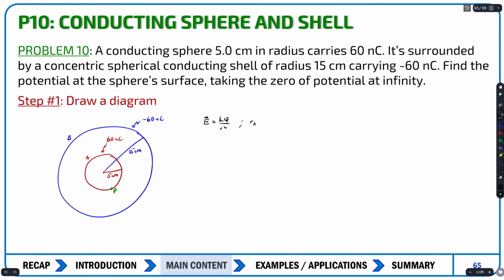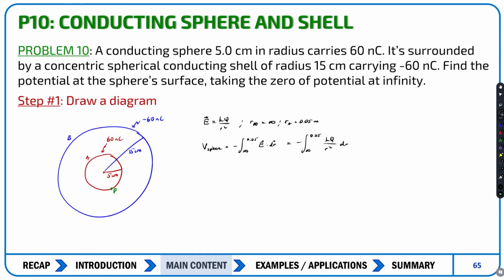We know that r infinity is equal to infinity, and then we have r_A being equal to 0.05 meters for the 5 centimeter mark. The potential of the sphere is going to be the integral from infinity to 0.05 of E dotted with dr, or from infinity to 0.05 of kQ over r squared dr.